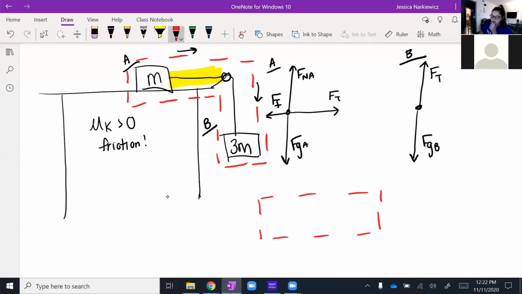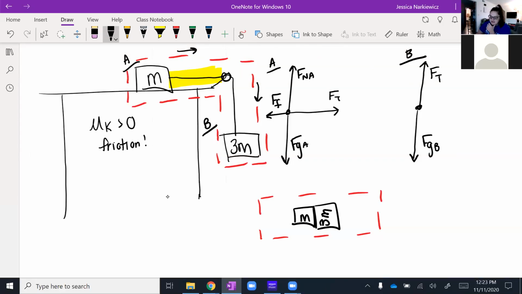So basically what we're going to do is take that 3M block that's hanging down and all of the forces acting on that block, and for the sake of making our lives easier, just rotate it 90 degrees. Okay, and then this is going to be 3M.